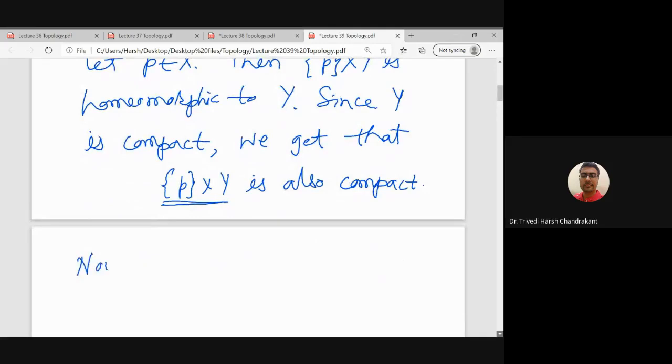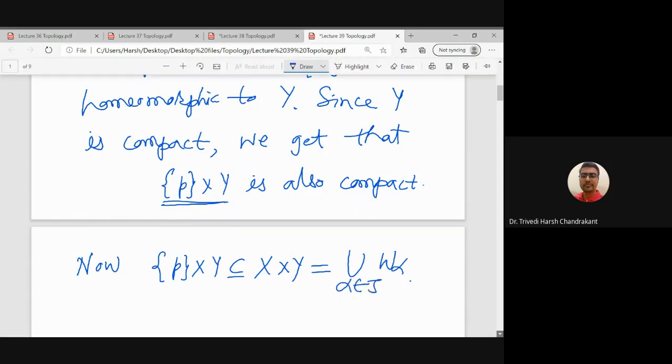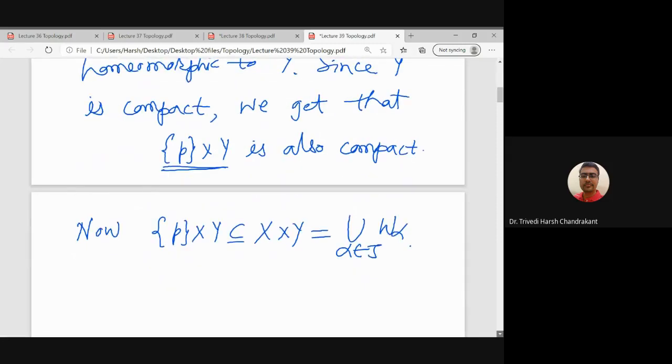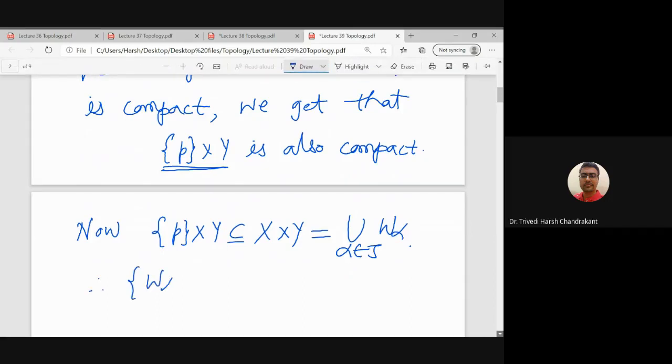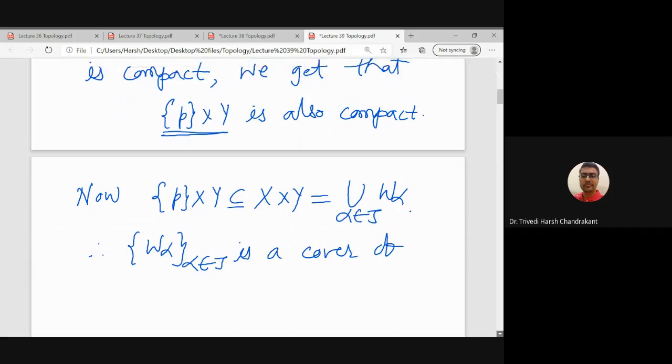So now singleton P cross Y, we know that it is a subset of X cross Y, and X cross Y is the union of W alpha. So what we get is that the W alpha form a cover of this subspace P cross Y, and P cross Y is compact. So actually it is an open cover.